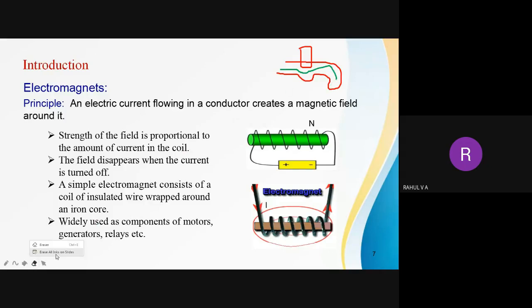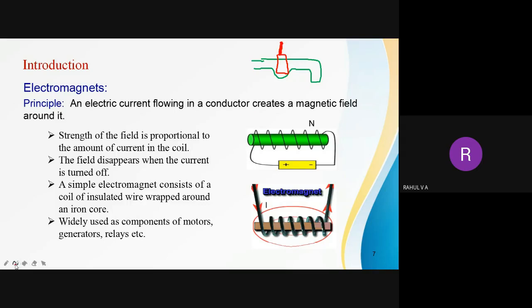The tap I have explained now works on the same principle. Here there will be a plunger, and there is a shaft like this.